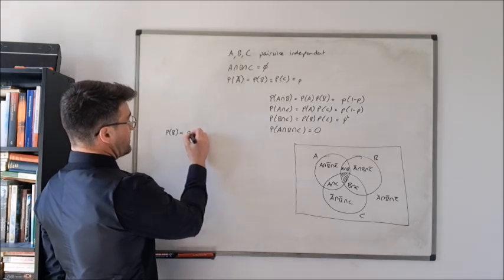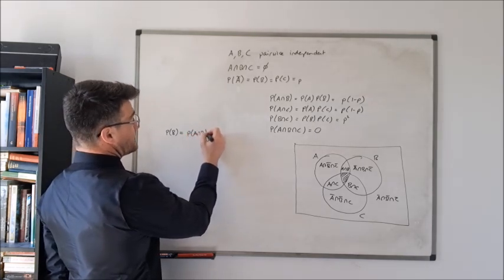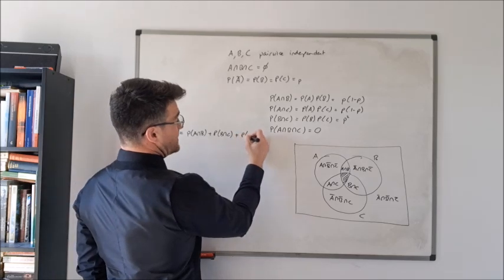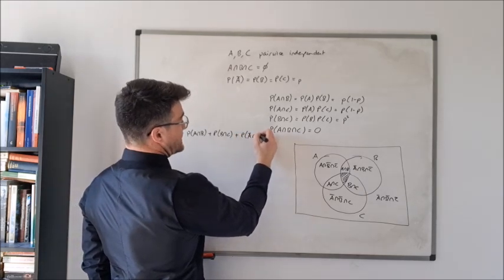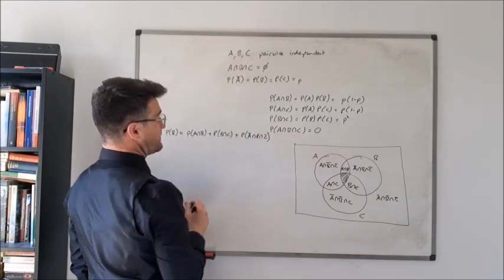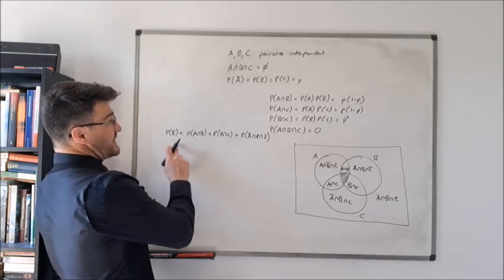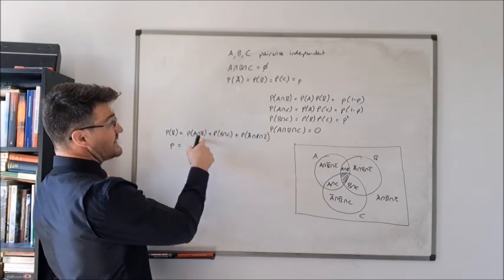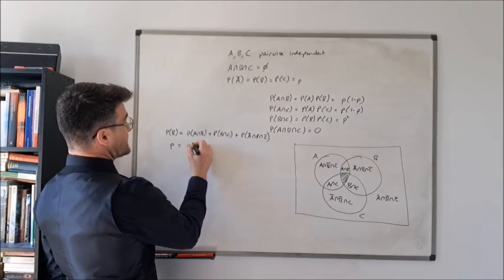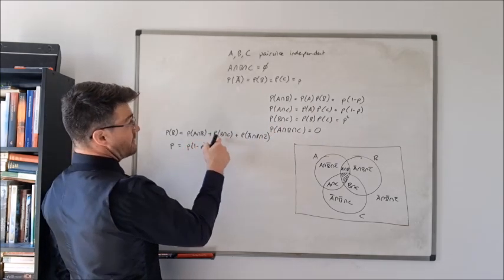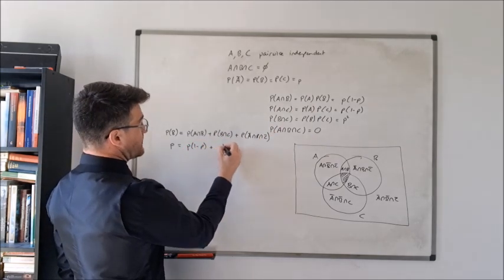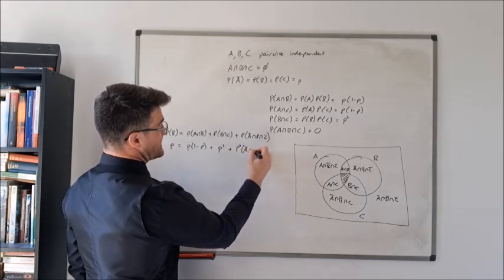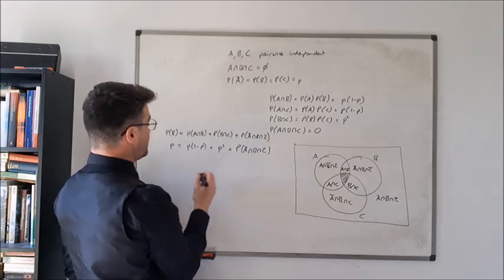So this is going to be the probability of A intersect B, plus the probability of B intersect C, plus the probability of not A intersect B intersect not C. The probability of B I know is P. The probability of A intersect B is P times 1 minus P. The probability of B intersect C is P squared. And plus the probability of A bar intersect B intersect C bar.